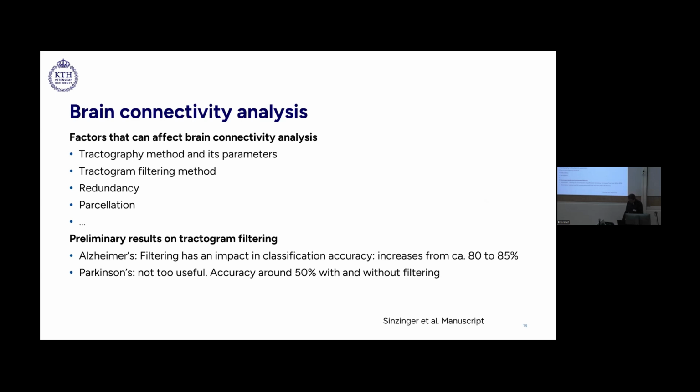From our preliminary results, it works for Alzheimer's. Without filtering, the classification score is around 80%, and after filtering you go to 85, so you are gaining.